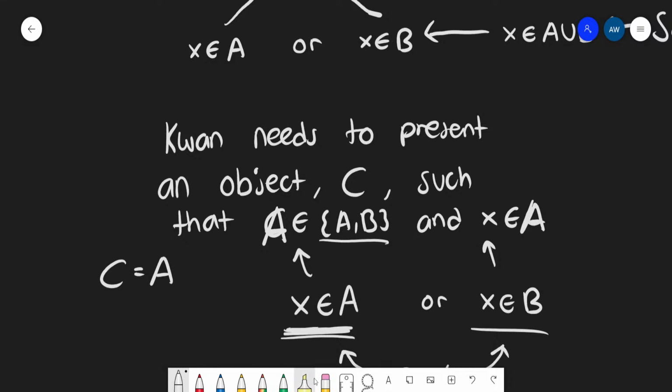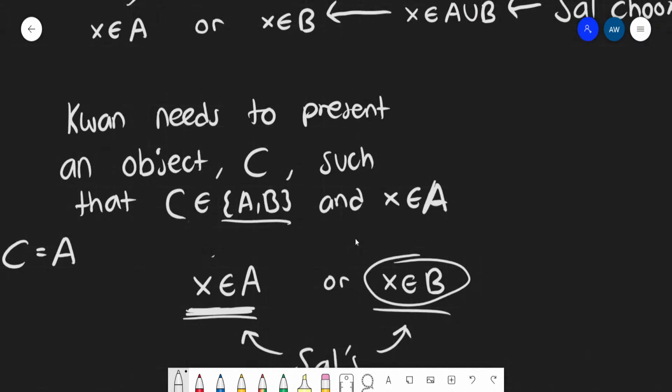So similarly, if we have this condition instead, if we are under this possibility, then we can just set C equal to B. And Quan does win because he has successfully shown that there is an object.